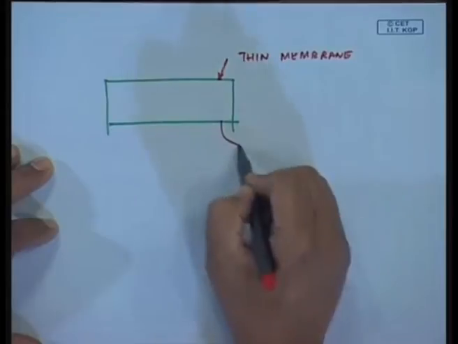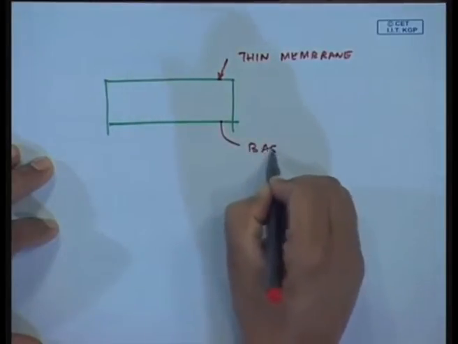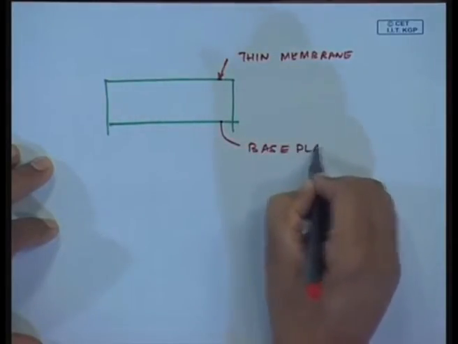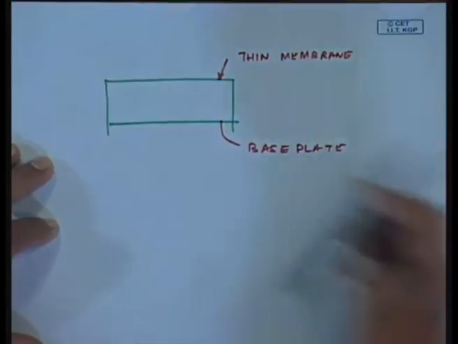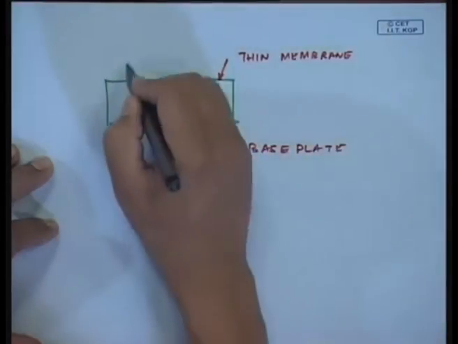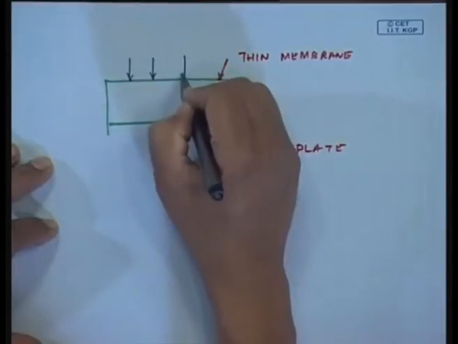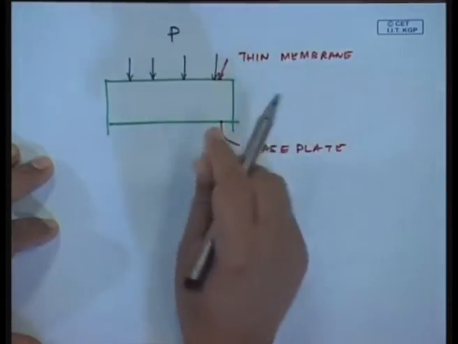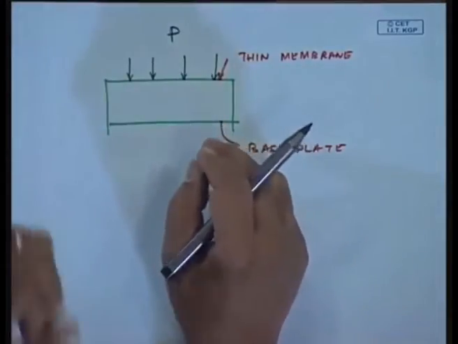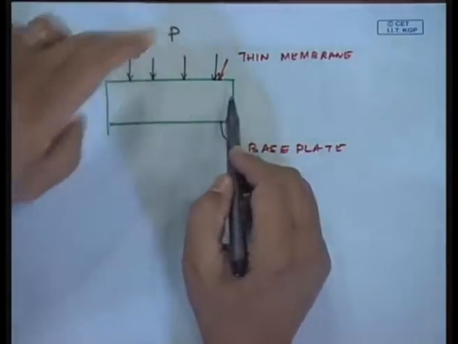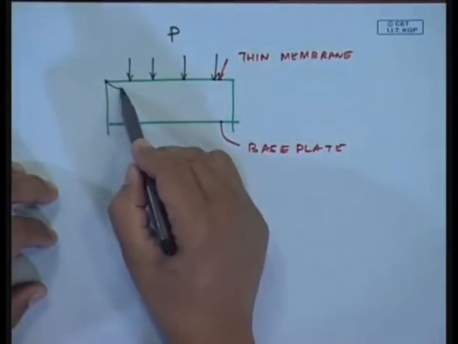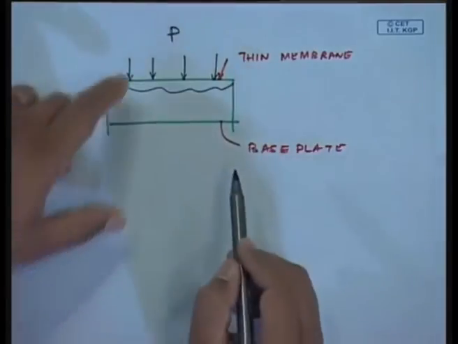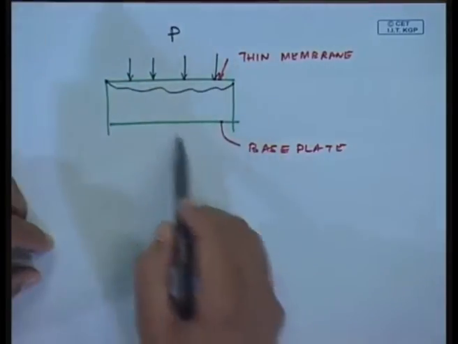And then this is another base plate, metallic. So, if there is a pressure fluctuation, this pressure has become because of the acoustical waves which are being incident. So, what is going to happen? This membrane is going to deflect as per the pressure waves which are incident.